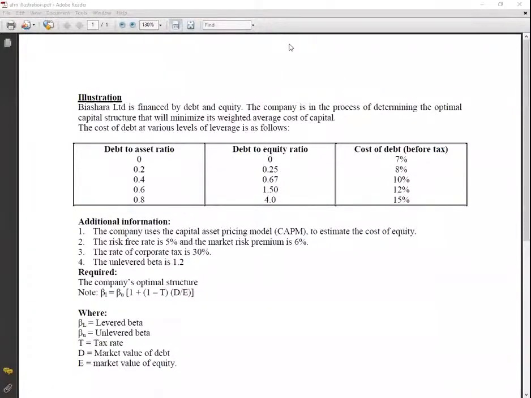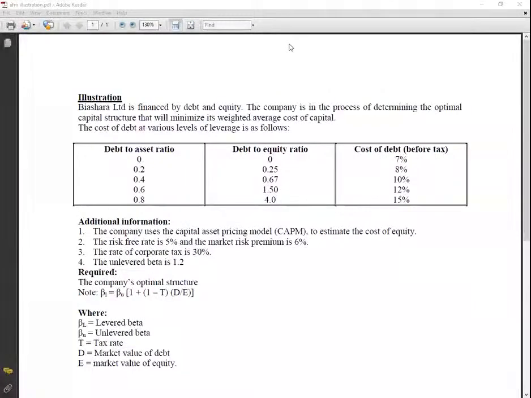We have the debt to assets ratio, and then we have the debt to equity ratio, and then they have given us cost of debt before tax, meaning at the end of the day, you have to deduct tax out of the debt cost. Additional information: the company uses CAPM to estimate the cost of equity.